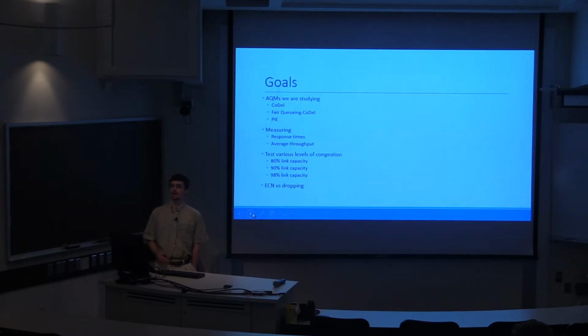We want to test how well these algorithms perform at varying levels of link utilization and thus varying levels of congestion. So we want to test 80, 90, and 98% link utilization. We also want to study how well these AQMs perform in ECN mode versus drop mode.